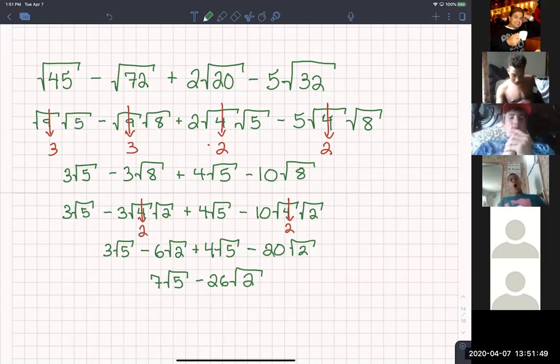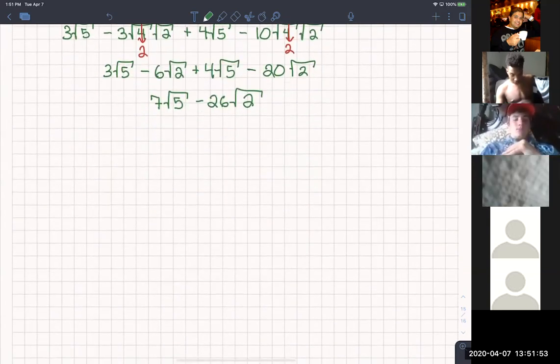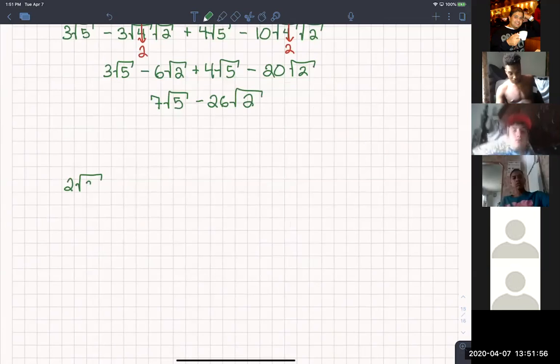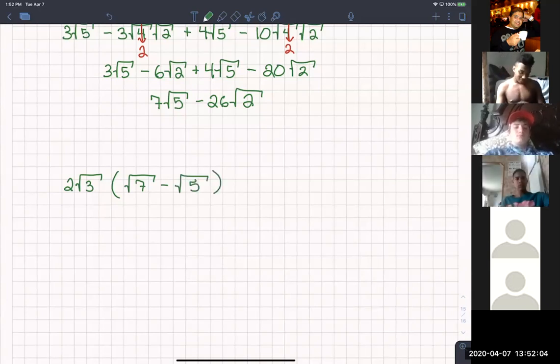Now, one last thing I want to cover. How do I deal with something like this? Do what's in the parentheses. Going to distribute.